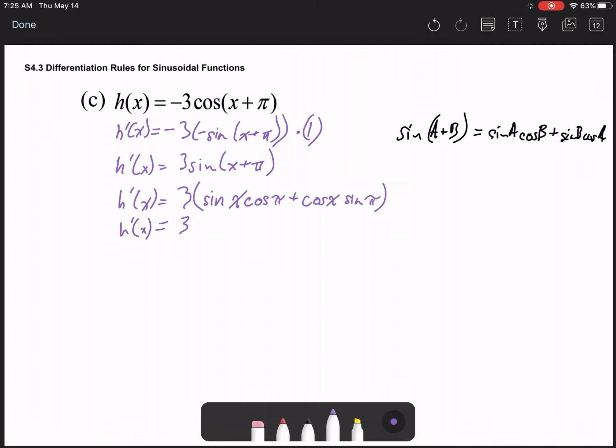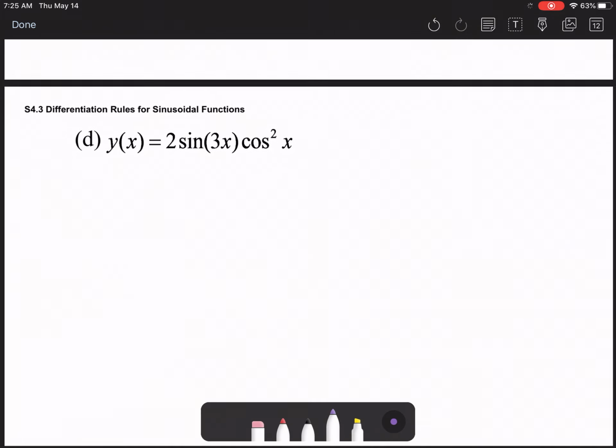For those of you that need a refresher, cosine pi is -1, sine pi is 0, so our derivative just turns out to be -3 sine x. Et voila. Okay, next one.